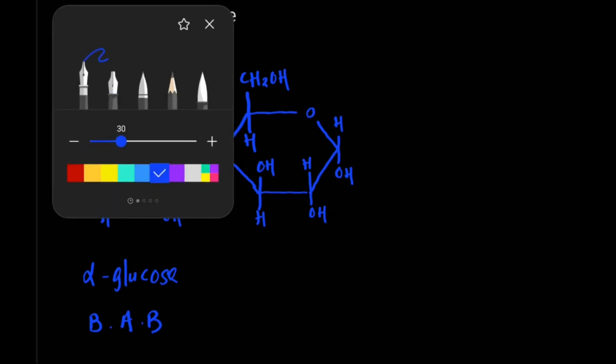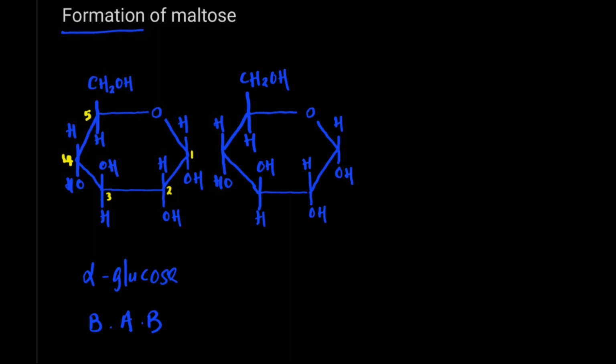Now we show how the bond can be formed between these 2 monomers. To produce maltose, condensation occurs. So we need to show how a water molecule can be removed. Actually, it's the removal of H2O between the functional groups of C1 and C4 of the neighboring monomers.